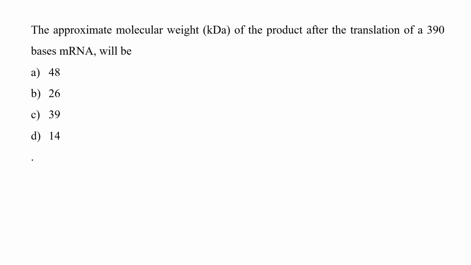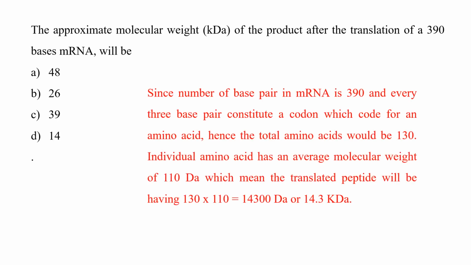The approximate molecular weight in kDa of the product after the translation of a 390 basis mRNA will be 48 kd, 26 kd, 39 kd, or 40 kd. As we know that the number of base pair is given as 390 and each codon is having 3 base pair.